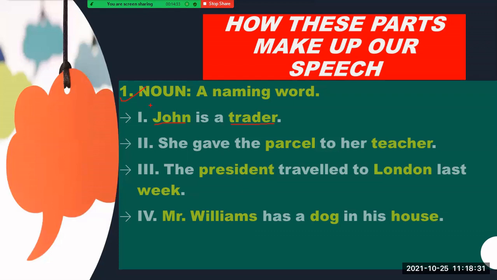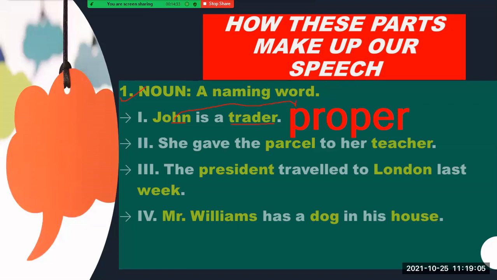So you can see that we have a classification here. And so we can talk of proper noun. John is a proper noun.